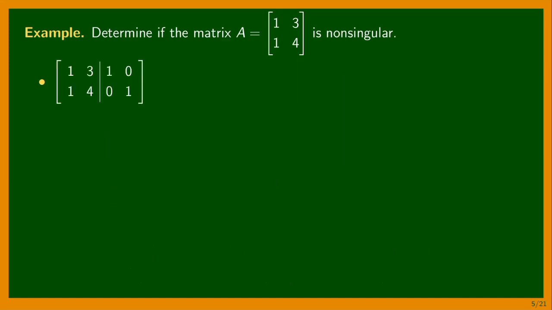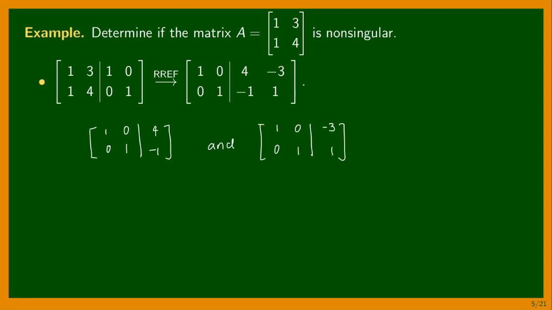So we now run the Gauss-Jordan algorithm. In fact, I've done the calculation for you. As it turned out, in this example, this matrix reduces to this matrix in RREF. So what we have now are two reduced linear systems, as shown.